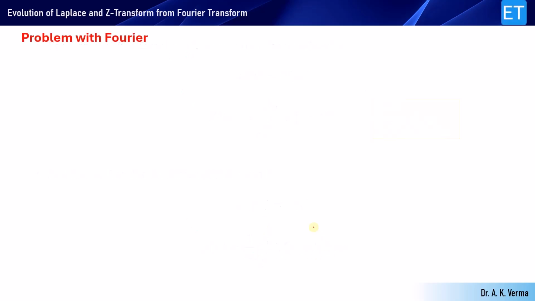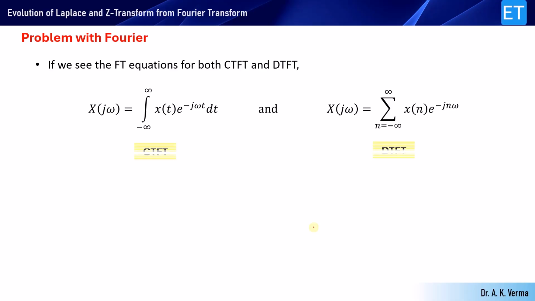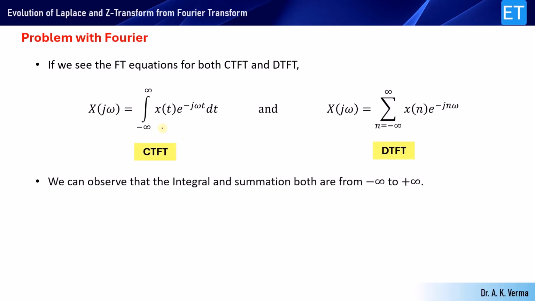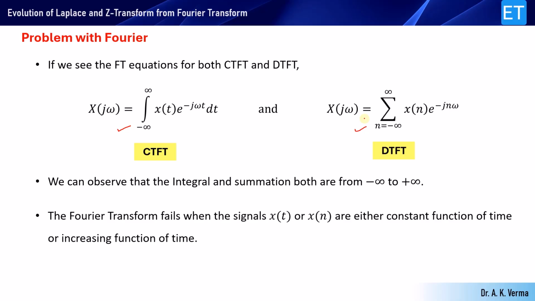Okay. So now let me show you what the problem is with the Fourier transform. If we see both equations of CTFT and DTFT, we can see that the integration is from minus infinity to plus infinity, and the summation is from minus infinity to plus infinity.